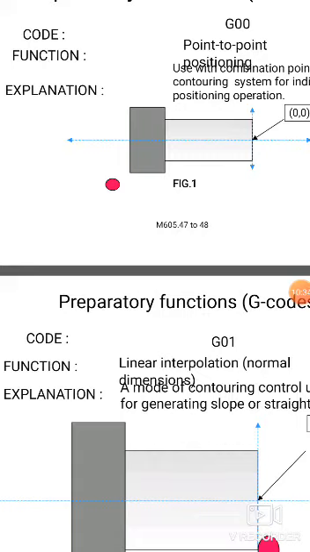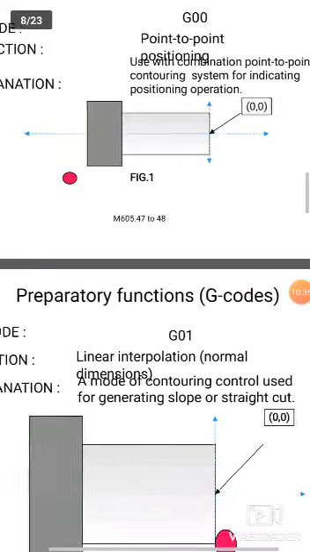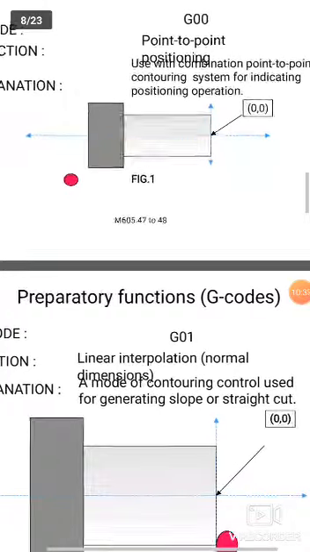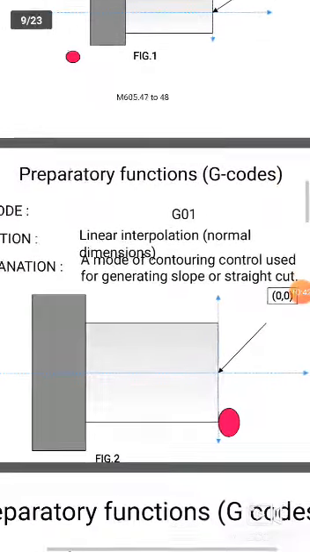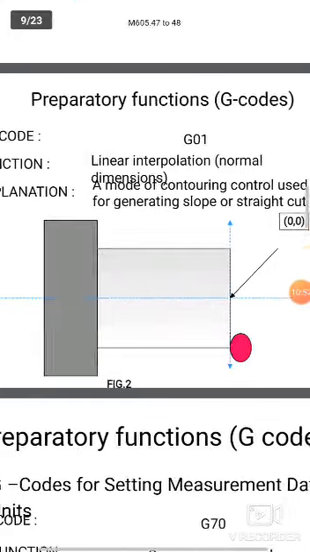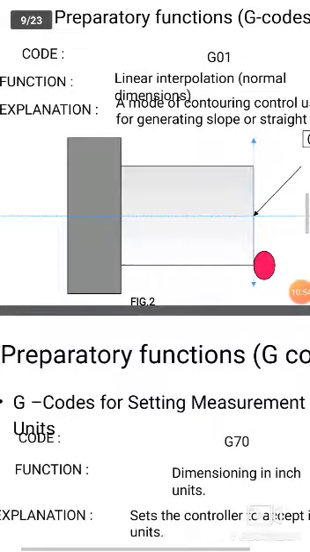It is a mode of contouring control used for generating a slope or straight cut. From here it comes rapidly and stops, and from there it starts cutting the workpiece. So G01 means it starts the workpiece cutting.